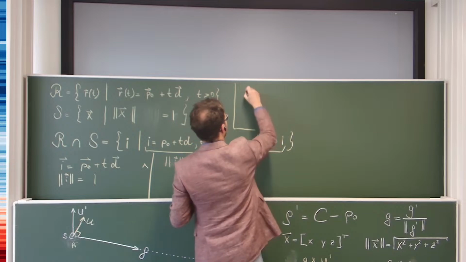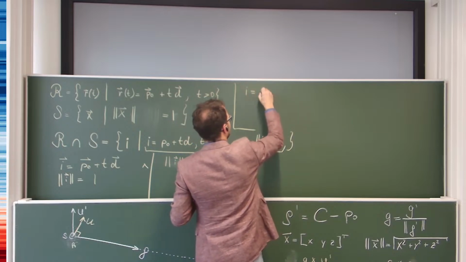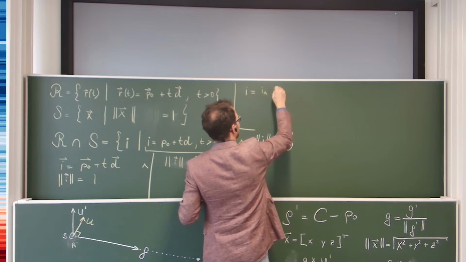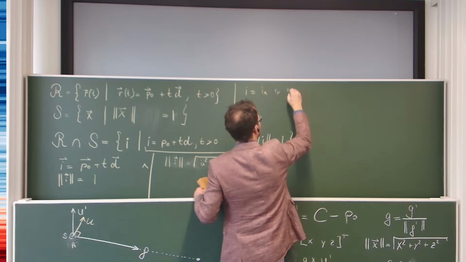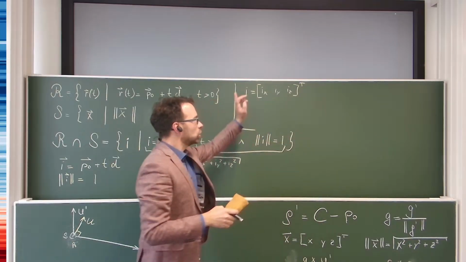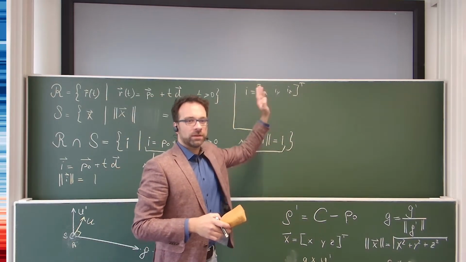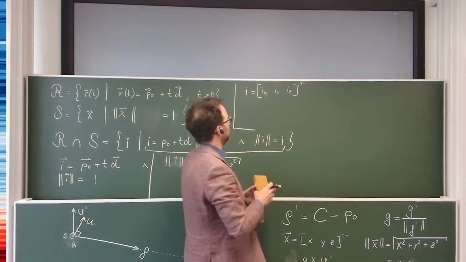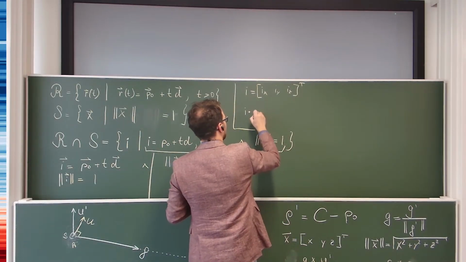Okay, one aside. We have I, and that is Ix, Iy, Iz, and since I'm out of space, this is a column vector written as a row vector transposed. What is I times I?